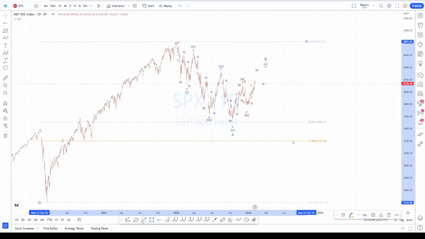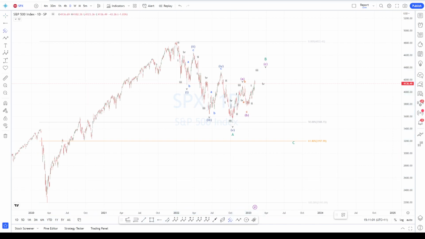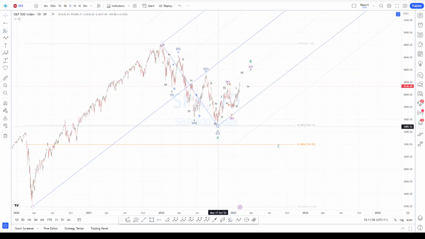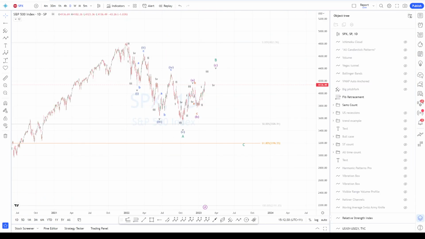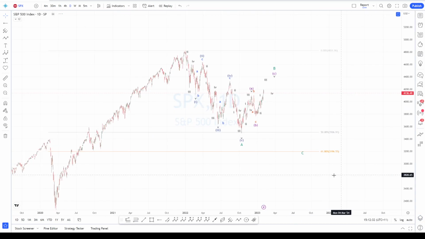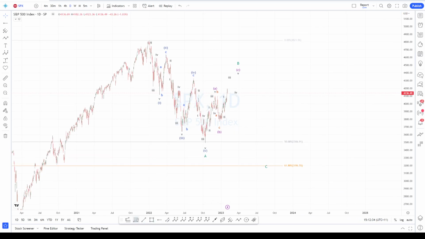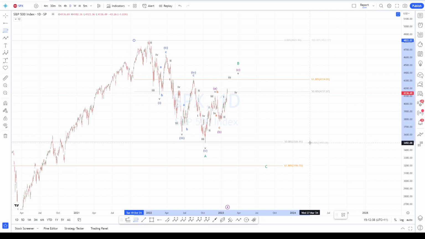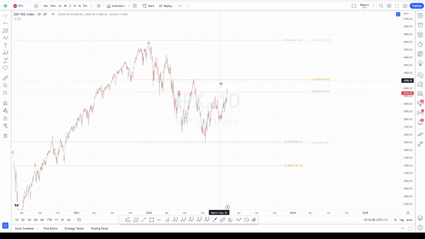So that would set up the large pitchfork, where the bulls would be expecting to make the median line, but I think if we make the median line off this pitchfork, that means that this count's blown. But I think the interesting juncture that we're coming to here is when we start to, even just taking this Elliott wave off, we'll just take it off, we know that we're coming once again into the retracement zones.